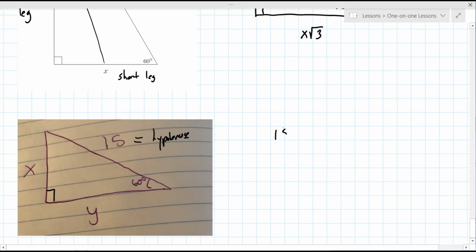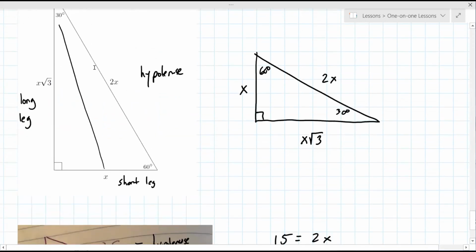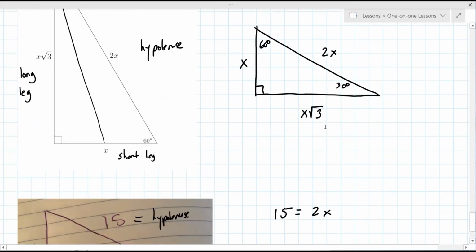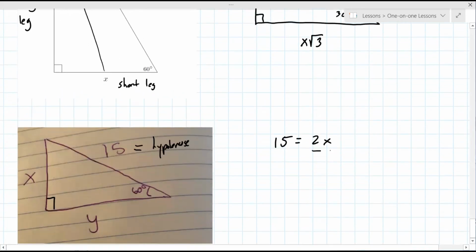They're giving you the hypotenuse. The hypotenuse is the 2x side, and that comes from this picture up above here. The hypotenuse is 2x, okay? So when you solve for x, you divide both sides by 2. So x equals 7.5. But this is very important: what we solve for is what's called the reference x, which is actually the short leg.